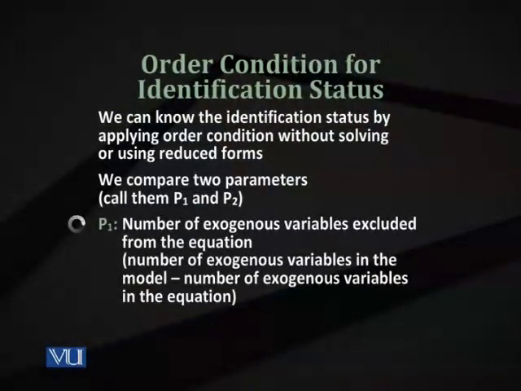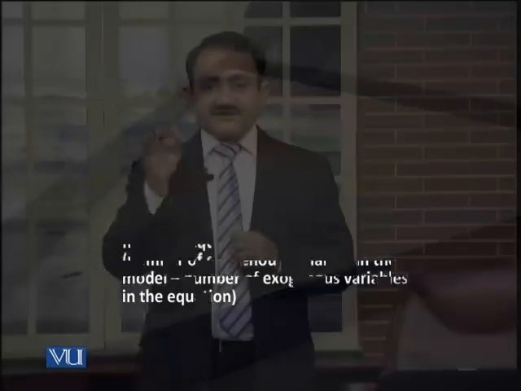P1 is basically the number of exogenous variables that are excluded from the equation. For example, if you are looking into the identification status of equation 1, you will see the number of exogenous variables that are not seen in equation 1. But you can find them elsewhere in the model, in equation 2 or 3 or some other equation.